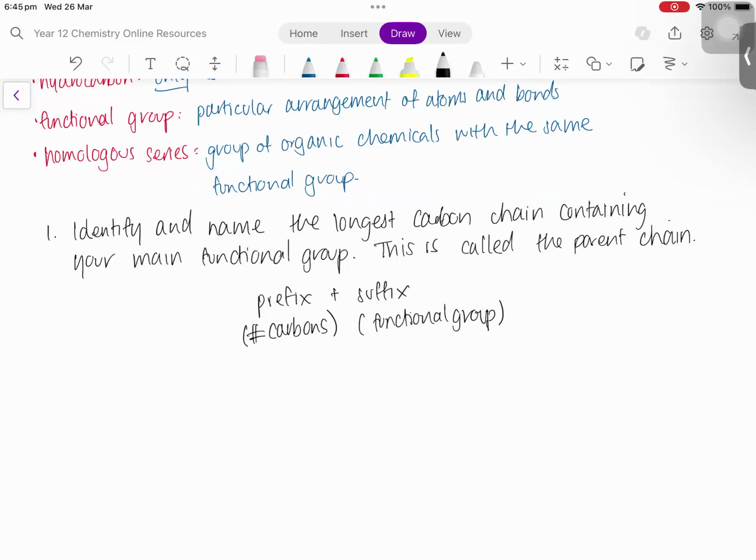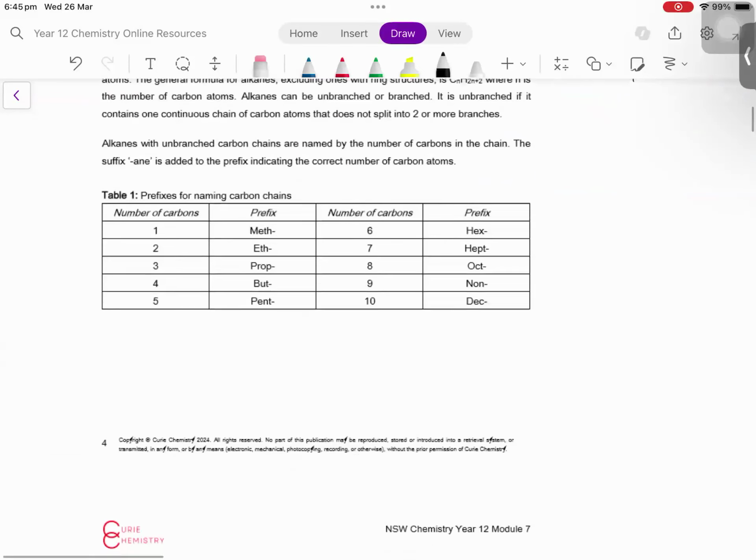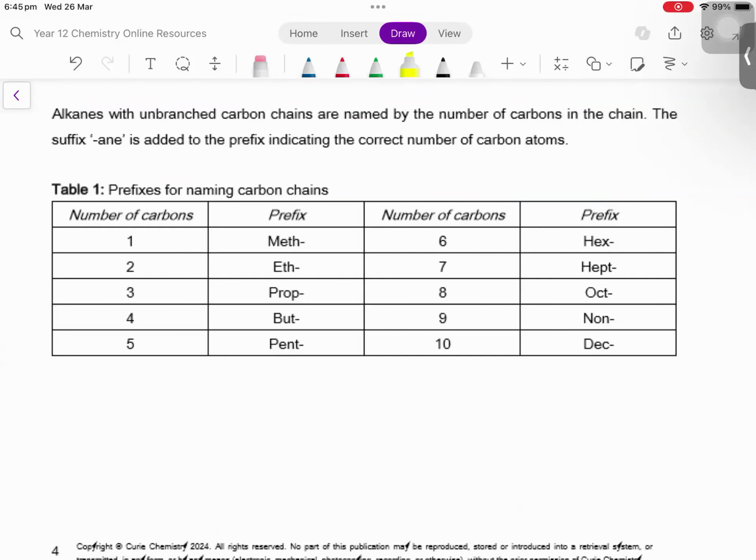Table 1 in your module 7 notes tells you the prefixes. The suffixes I'm going to tell you when we fill out our summary table.